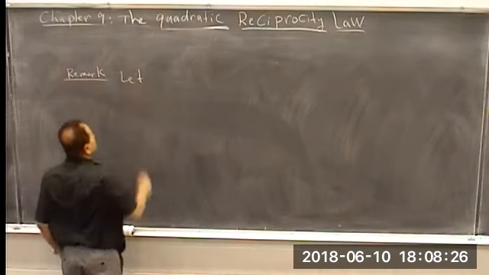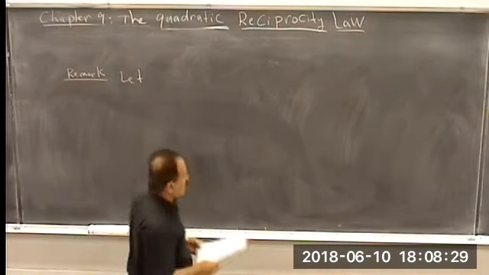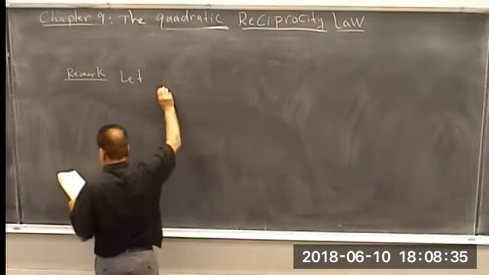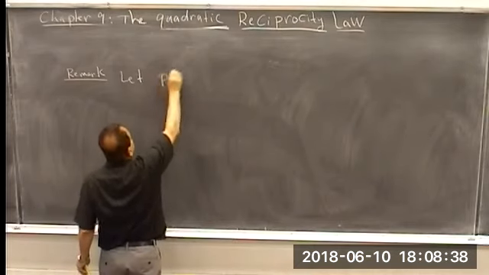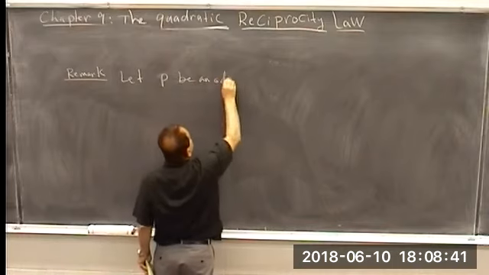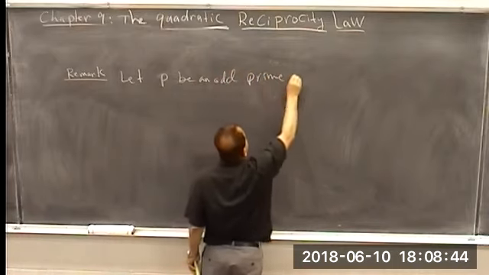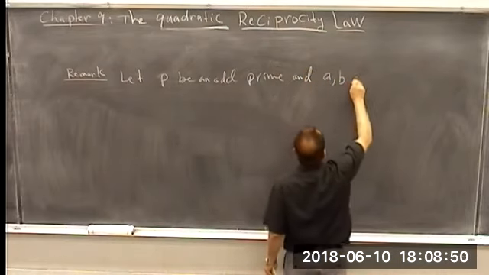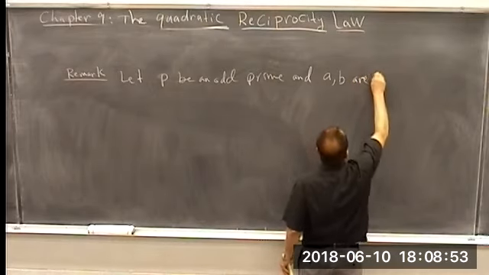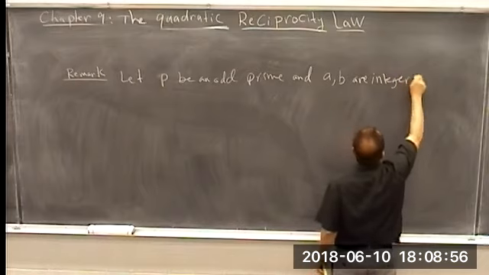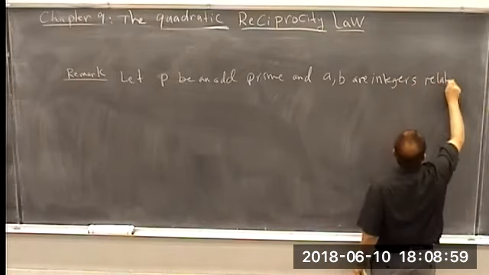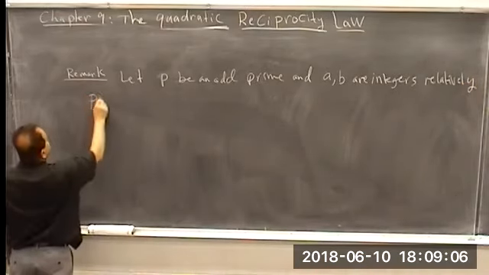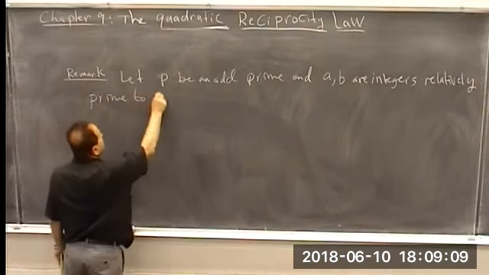I want to concentrate again on our problem, even though this is true for any integer, that p be an odd prime, and a, b are integers relatively prime to p.